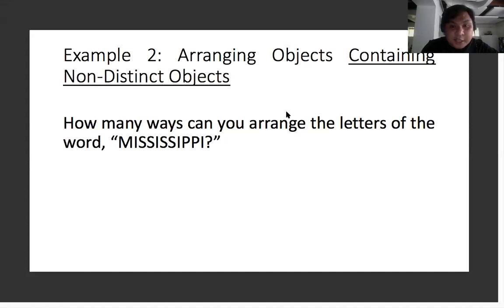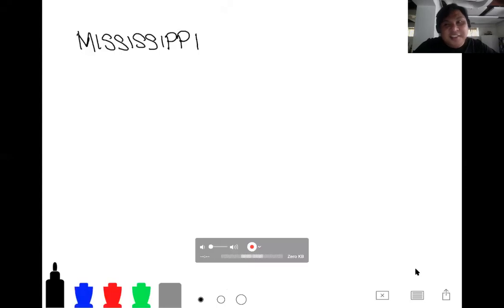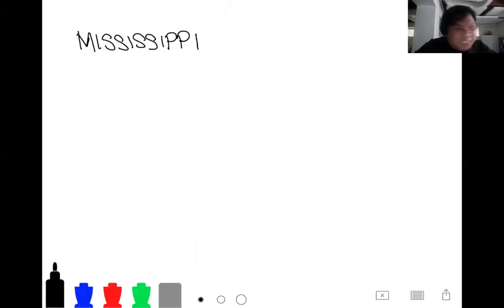So we're going back to our whiteboard. There is our magical word, right? The state of Mississippi. I wanted Maryland, but it has few common letters. I think only the A's are repeated, so it's not too much of a challenge as an example.